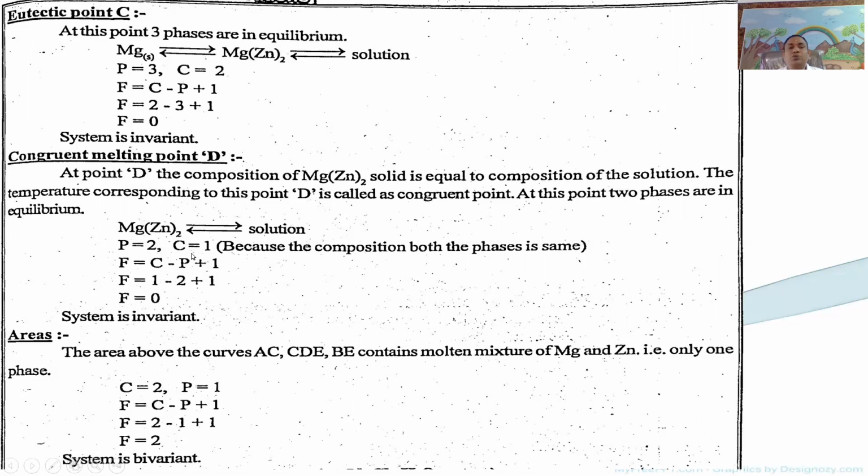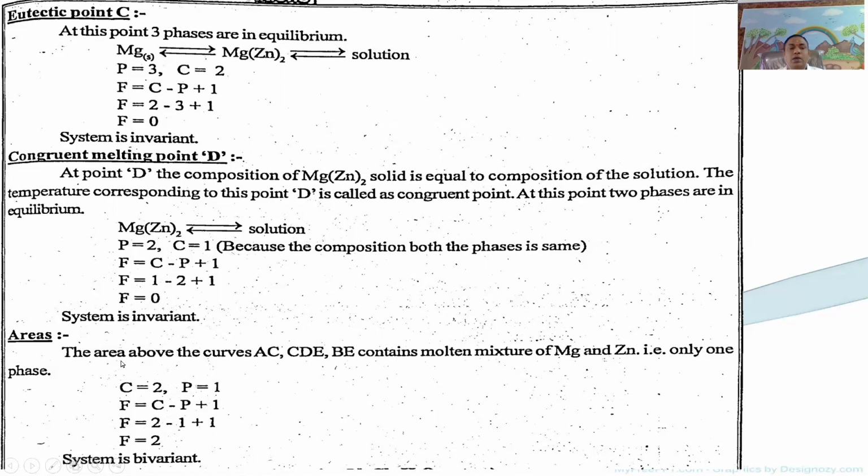Here P is 2 and C is 1, because the composition of both the phases is the same. Therefore, F equal to C minus P plus 1, whereas F equal to 1 minus 2 plus 1, F equal to 0. Therefore, it is also a zero variant system or invariant system.